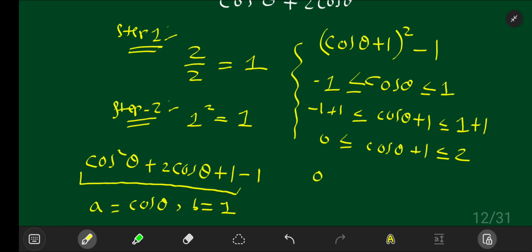0 less than or equal to (cos theta + 1) whole square less than or equal to 2 square, which is 4.